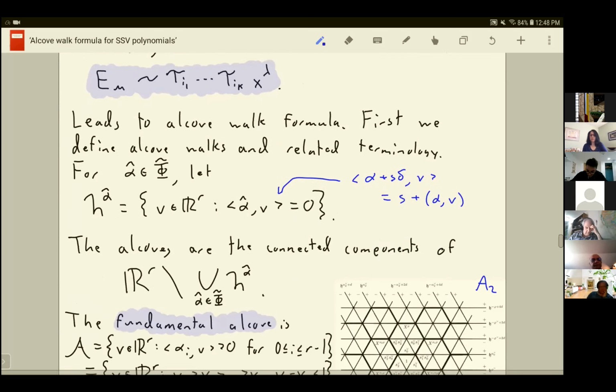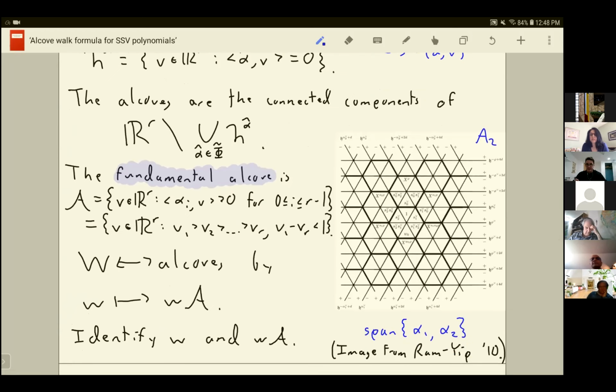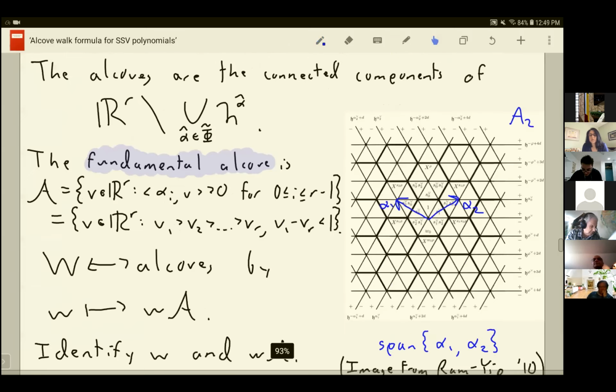So here we can have a picture, and this one I stole from Ram and Yip's paper. Here we're looking at A2, so SL3, and we're projecting onto the span of alpha 1 and alpha 2. So here is alpha 1, here is alpha 2, and these little triangles are exactly the alcoves. I'm going to zoom in really quick so you can see the picture better.